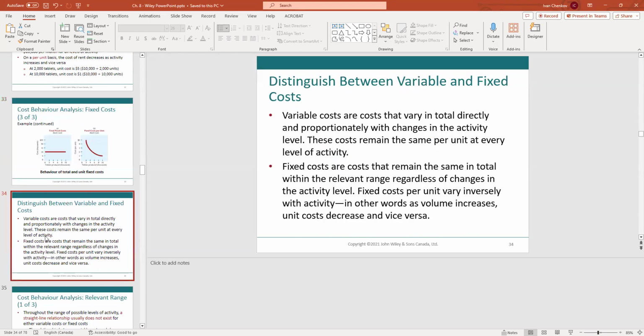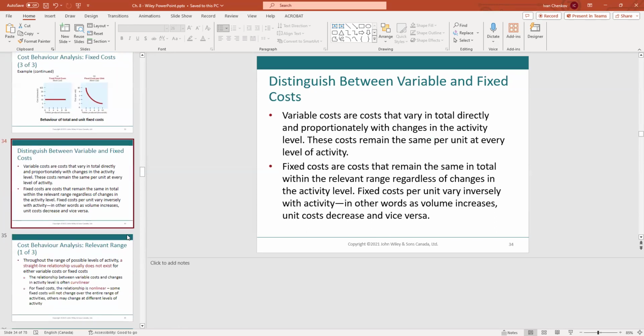The distinction between the variable and fixed cost is that variable cost varies in total directly proportional with the change of activity, whereas the fixed cost remains the same within the relevant range of that activity. If the volume increases, total cost stays the same.